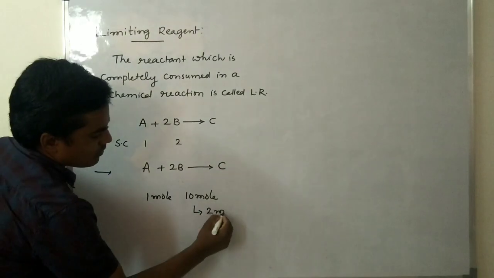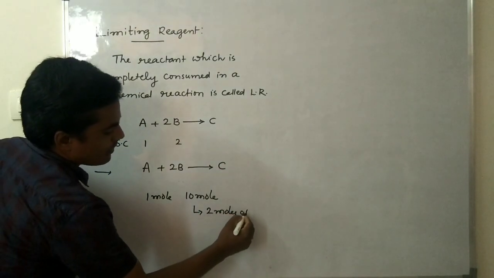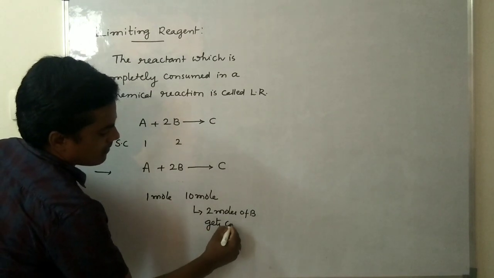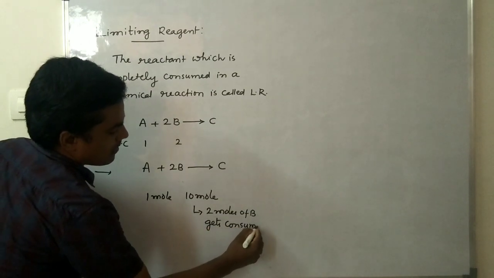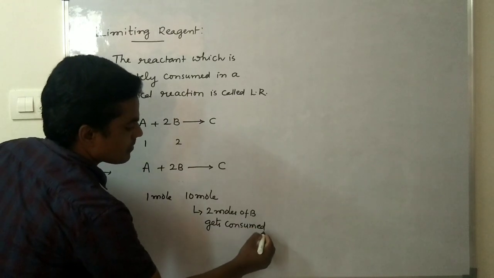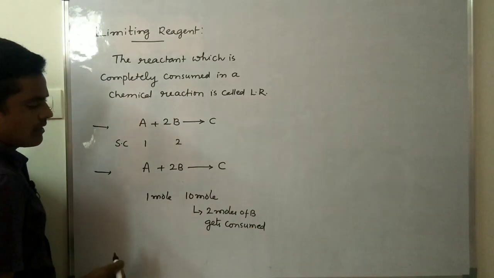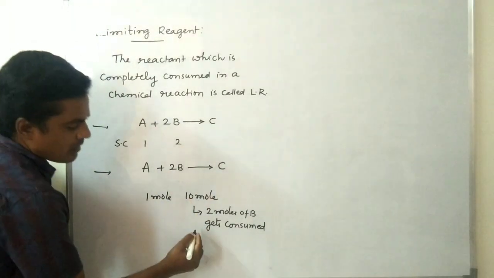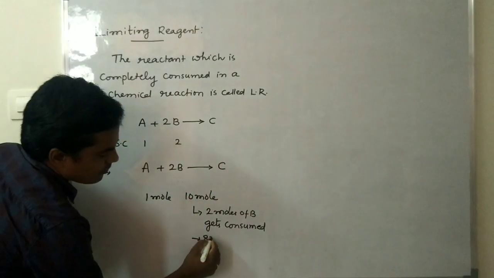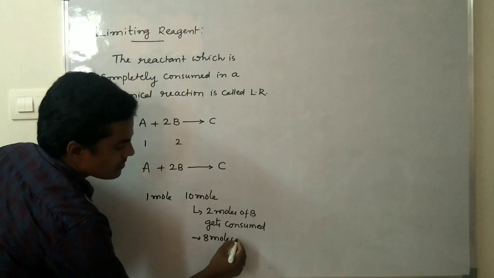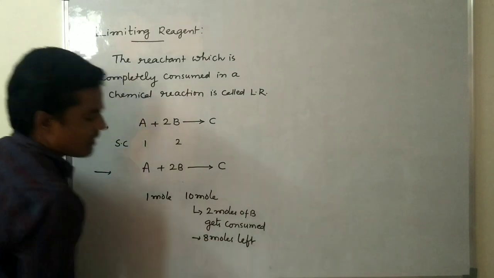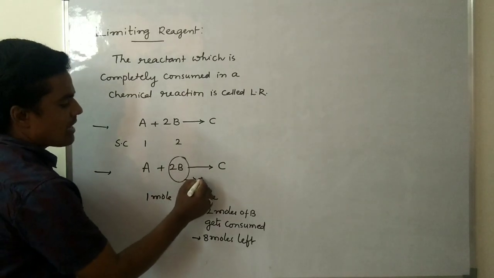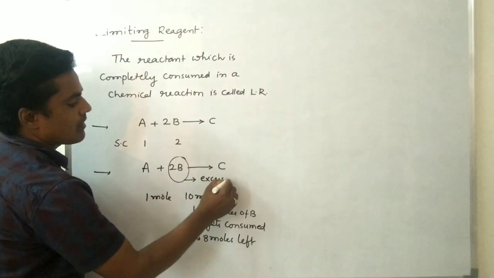So 2 moles of B get completely consumed in the reaction. Now how many moles of B are left over? 8 moles are left over in the reaction. Hence the reactant B is called the excess reagent.